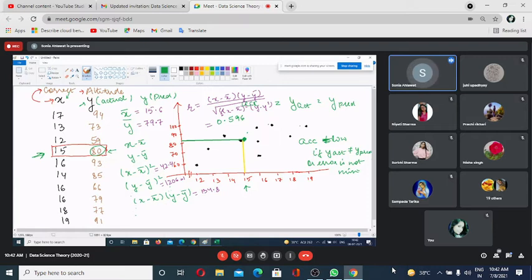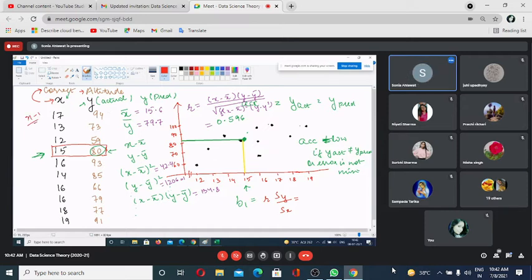Next we have to calculate B1, which is nothing but the slope. So the value will be coming out by calculating R times SY upon SX. R हमारे पास है. SY will be what you are taking, N or N minus 1?